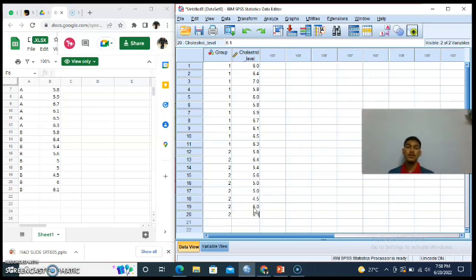Before we go to the next step, we must check the data to confirm.